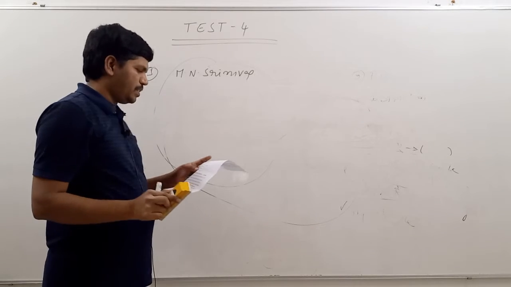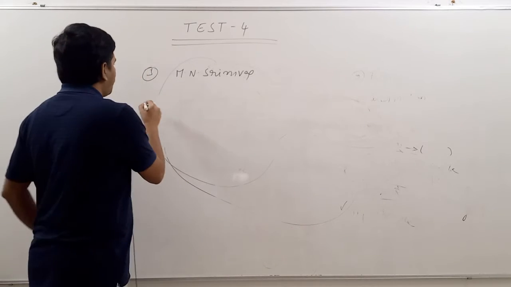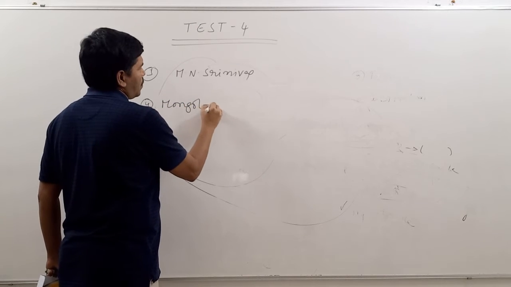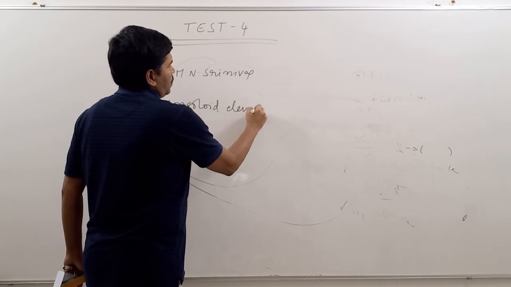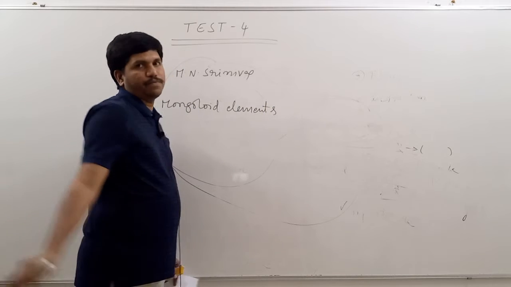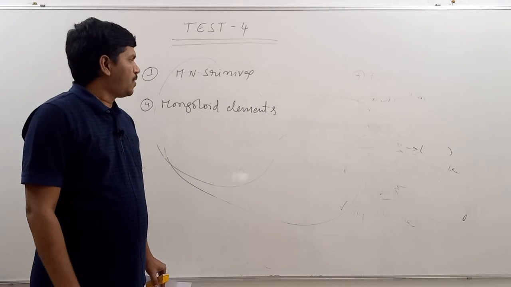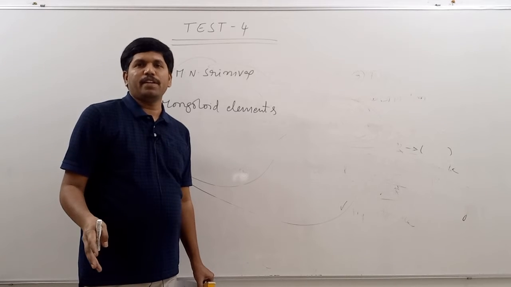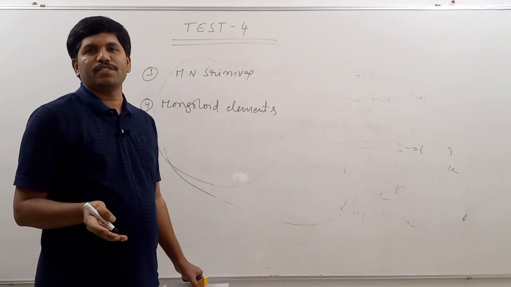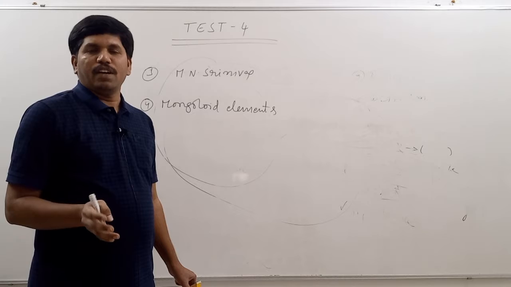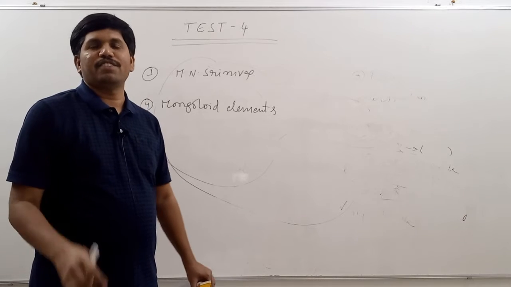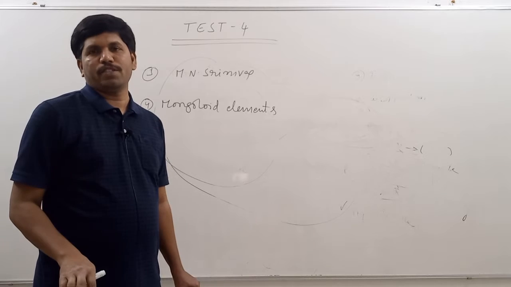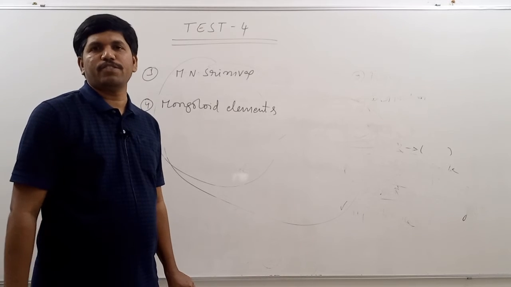The next question is Mongoloid elements in India. Almost all the students gave good answers. You have to write: in India, we can come across number of races. India is rich in different varieties of races. Out of those races, Mongoloid elements or Mongoloid race is just one race.